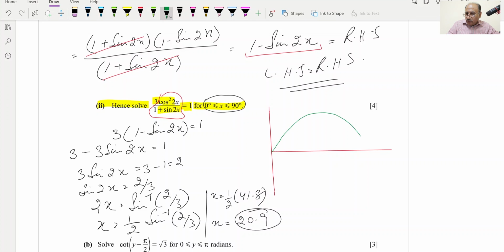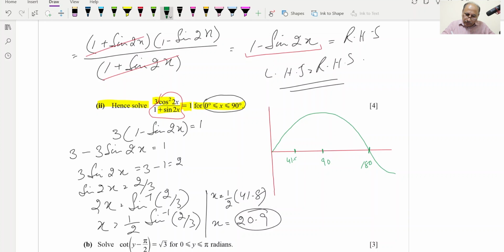If I draw only this section, 41.8, this value I'm checking, is sine inverse of 2 by 3. This is up to 180 and this will be 90, so 41.8 I can show over here.